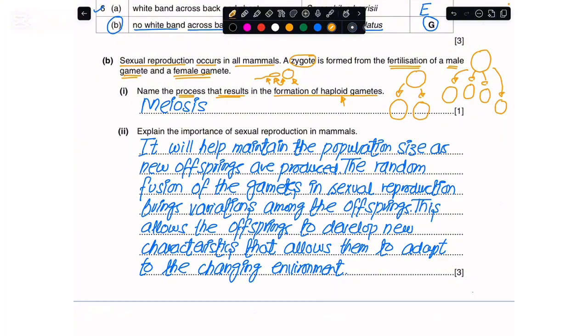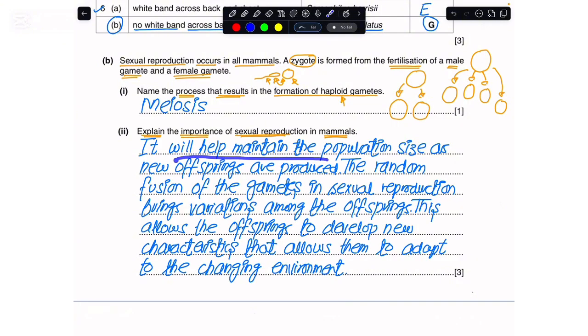Now further he asks: explain the importance of sexual reproduction in mammals. We are aware that whenever mammals reproduce sexually, they make new offsprings, and the making of new offsprings is required to maintain the population size.